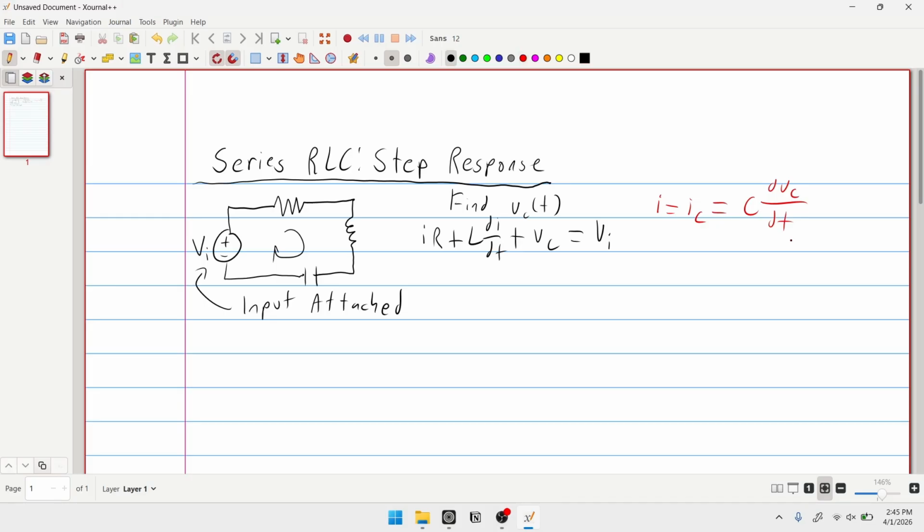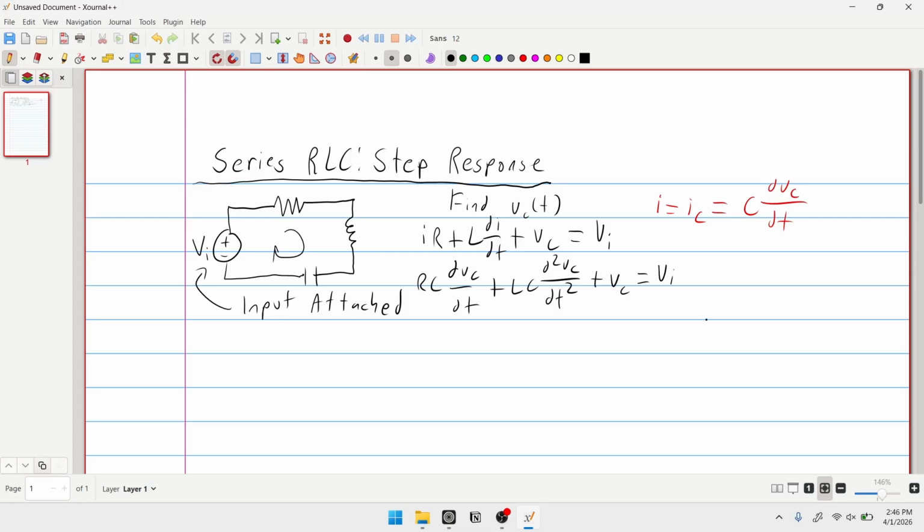Now knowing this, we're going to substitute i with C dVc/dt. Plugging in here, we have RC dVc/dt plus LC d squared Vc/dt squared, and then plus Vc equals Vi.